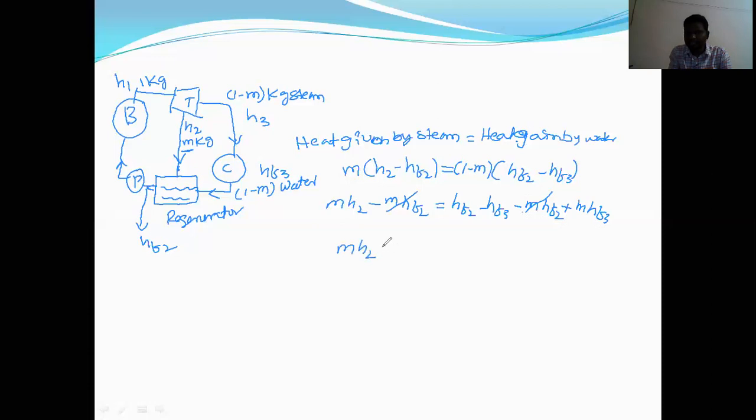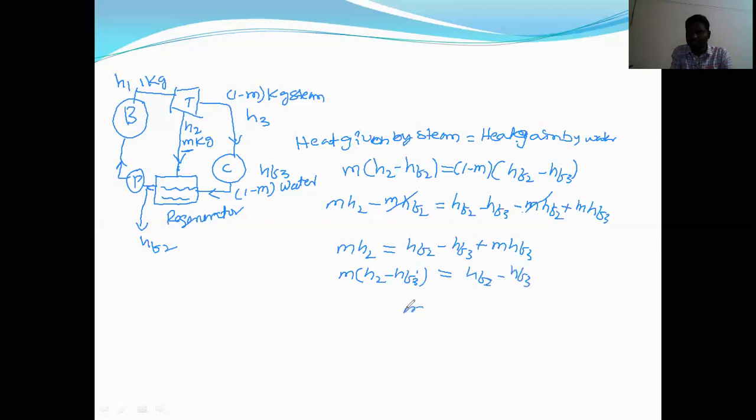The remaining terms are m H2 equal to HF2 minus HF3 plus m HF3. So if you take the m terms to one side, it becomes m into (H2 minus HF3) equals HF2 minus HF3.